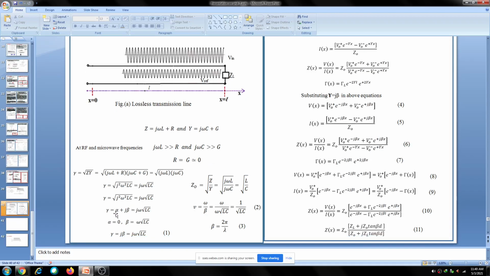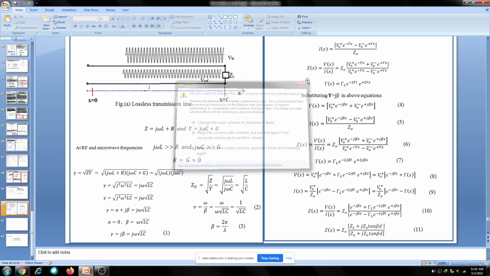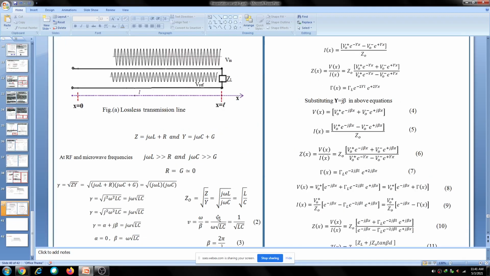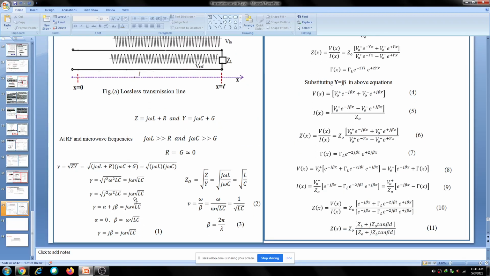So the expression for gamma simplifies to only j omega root of LC. But gamma is generally alpha plus j beta. Comparing with this equation, it has no alpha term. Alpha is not there, only the imaginary term is there.